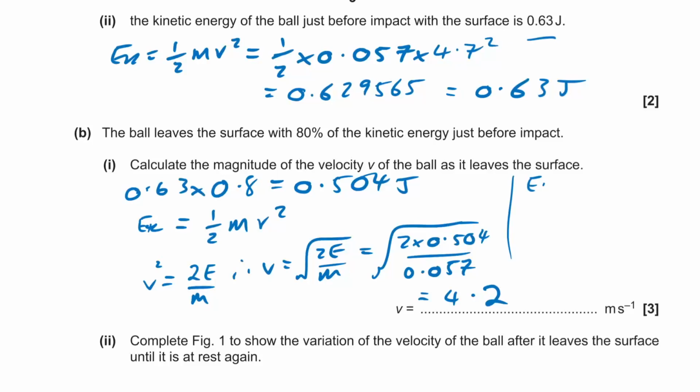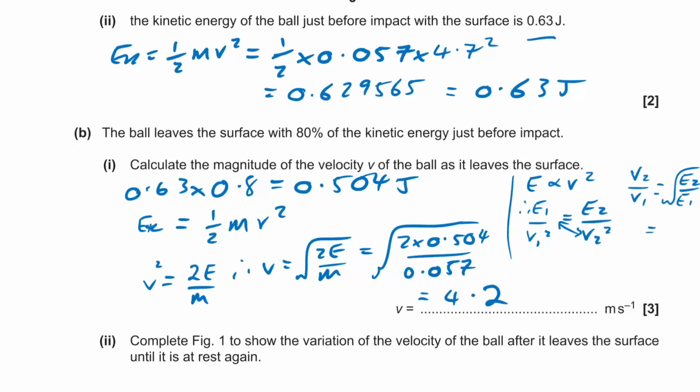We can say that, let's just go with E here. E is proportional to V squared because mass isn't changing and half is a constant as well. Therefore, we can say that E1 divided by V1 squared is equal to E2 divided by V2 squared. Swapping these round, we find out ultimately that V2 over V1 is equal to the square root of the energies divided.